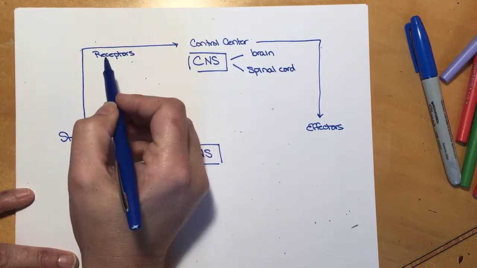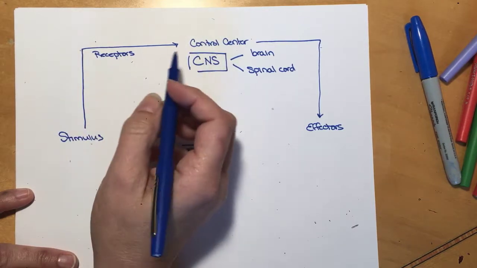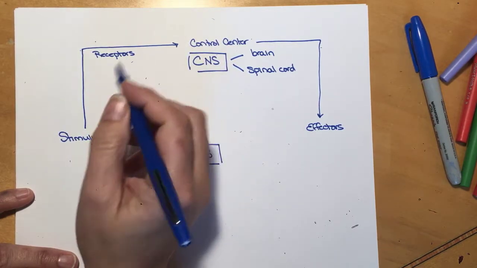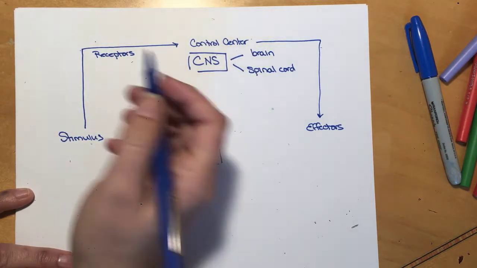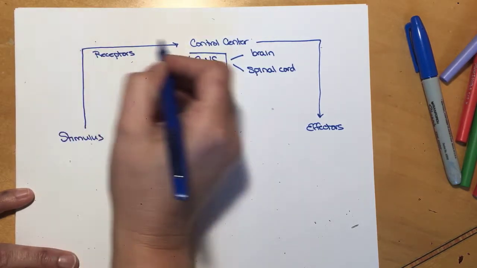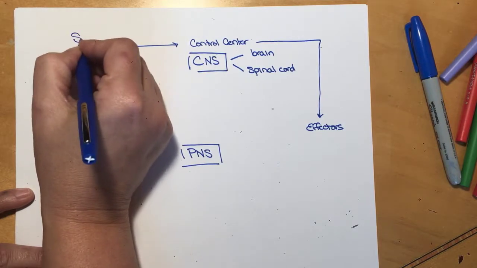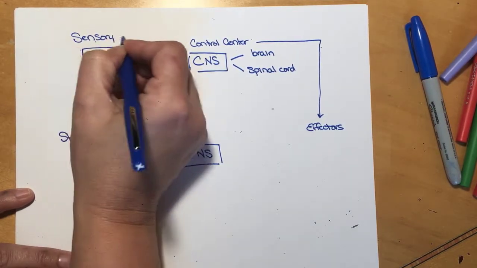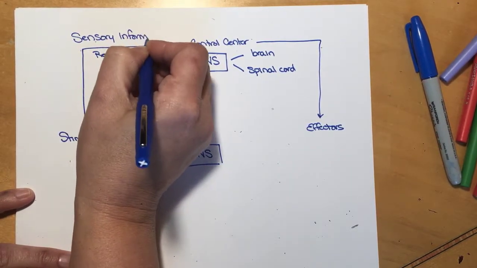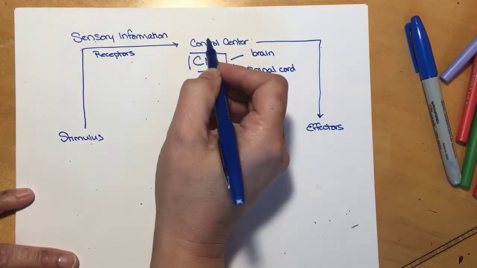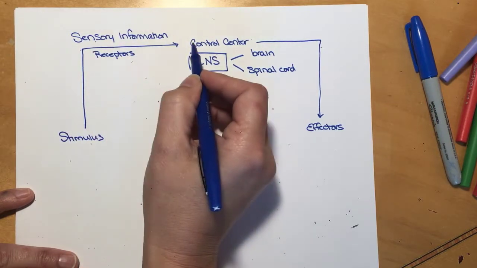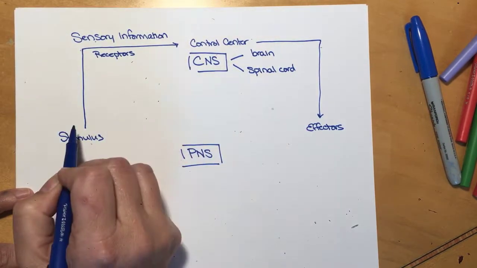So for example, temperature is picked up on a thermoreceptor. Pressure is picked up on something called a baroreceptor. We'll talk about that more later. But all of this information coming in is sensory information. Sensory information always comes into the central nervous system.